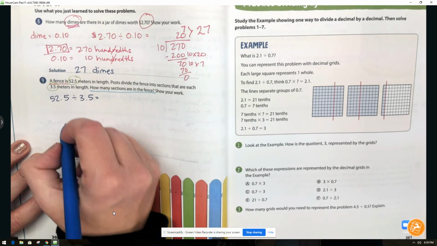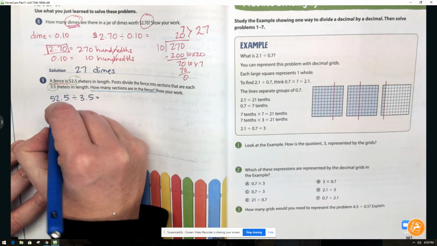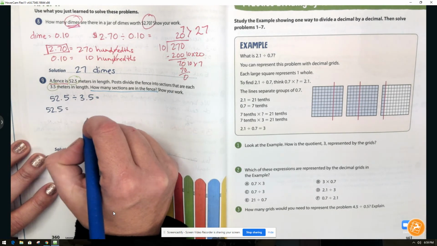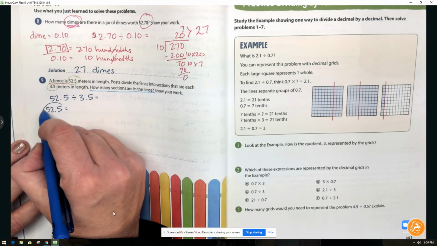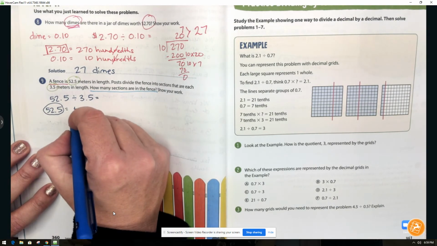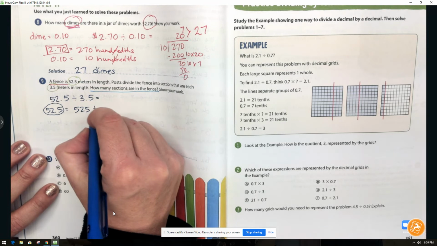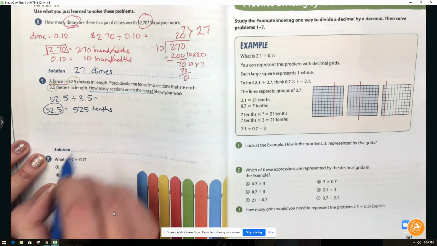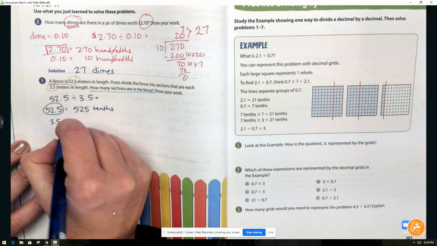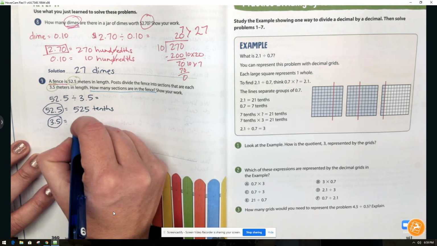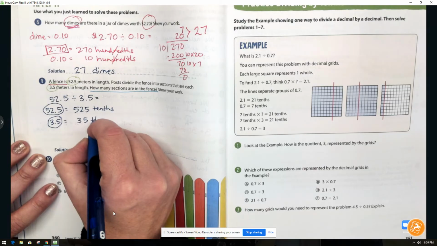So we're going to go, all right, 52 5/10 is equal to how many tenths? Remember to think of this as a whole. That's right, 525 tenths. Then we're going to think of this 3 5/10 as 35 tenths.